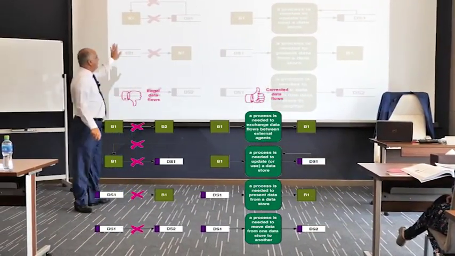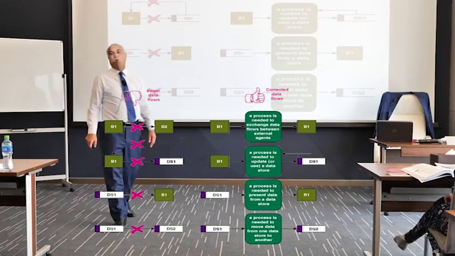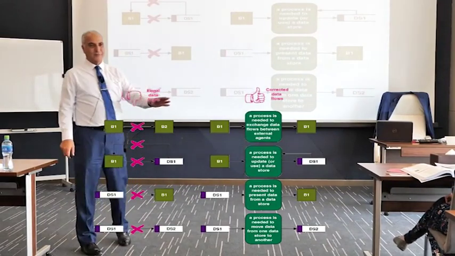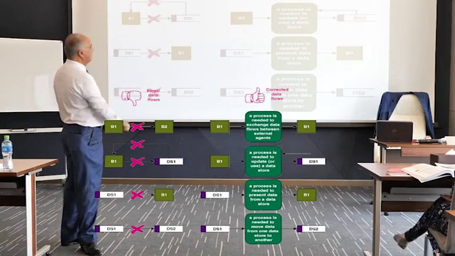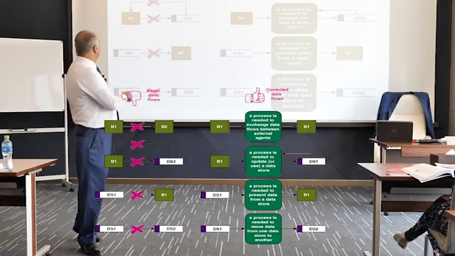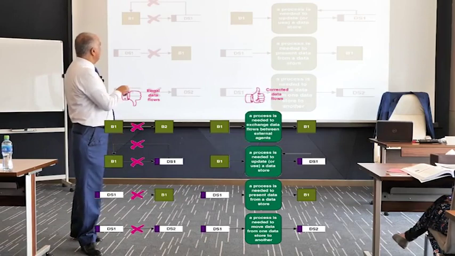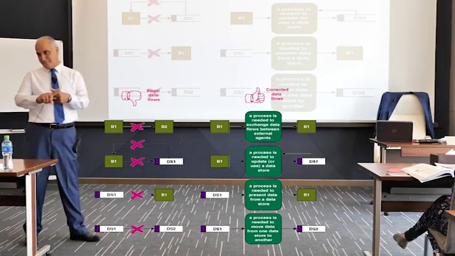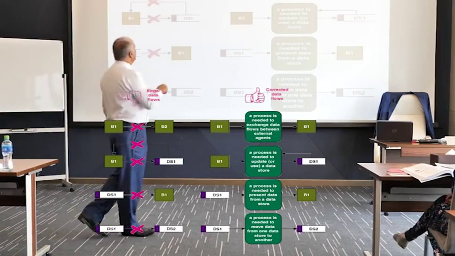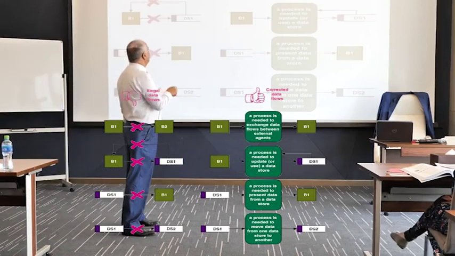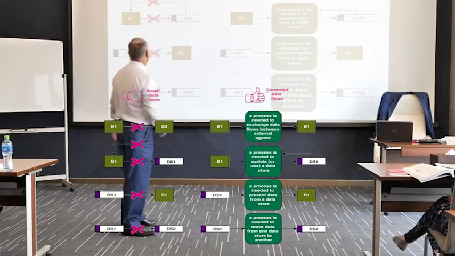I say, tell me what's wrong. You understand, guys? The slide? This is the scenario. A process to a process we should not have. This is external entity to external entity, I cannot have it without a process.